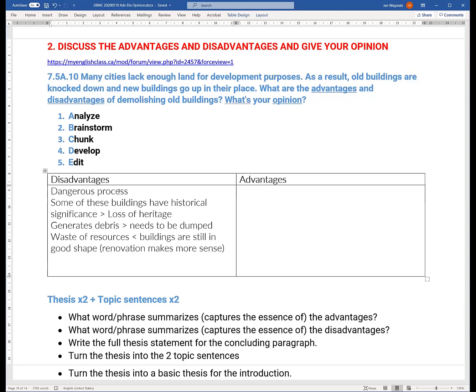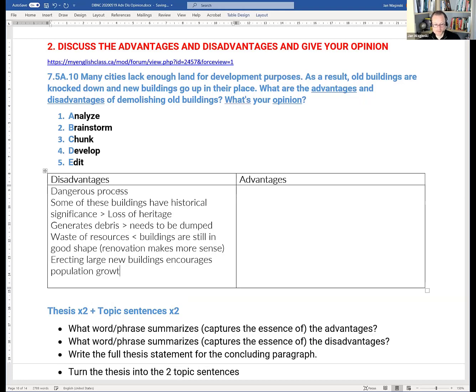Okay. So maybe we'll say erecting large new buildings encourages population growth. Yeah, population growth. Okay.